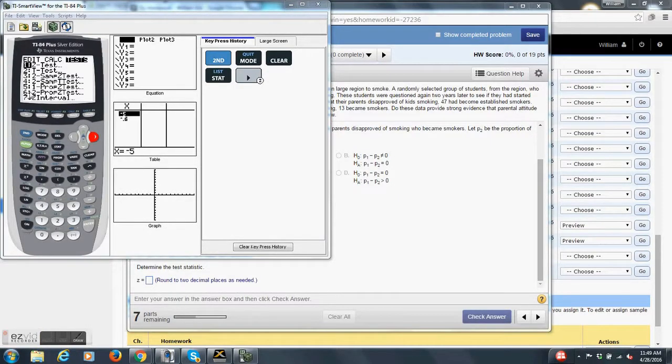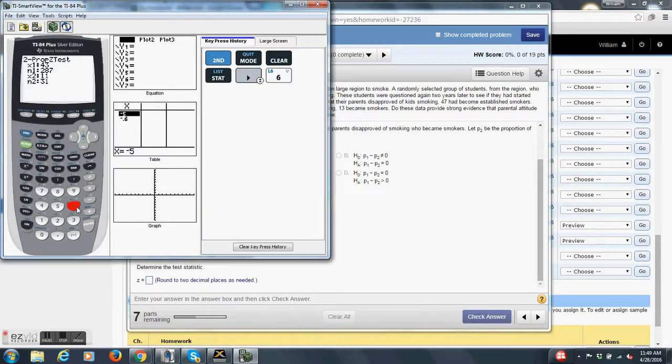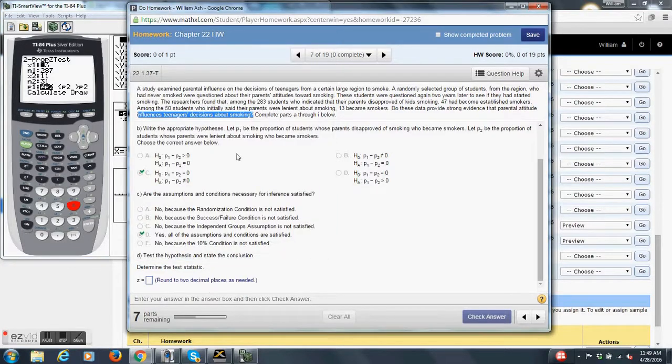Okay, I'm back. So we have a 2 proportion z-test, which looks like number 6. I've gone ahead and put everything in here already, but it told you which one to be P1, which one to be P2.